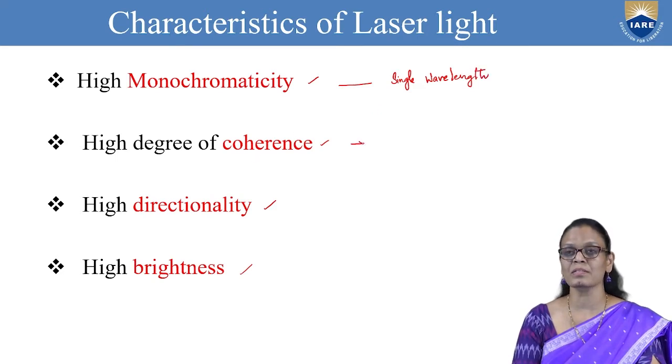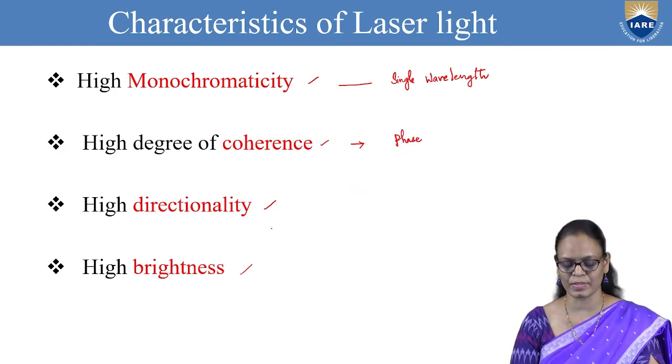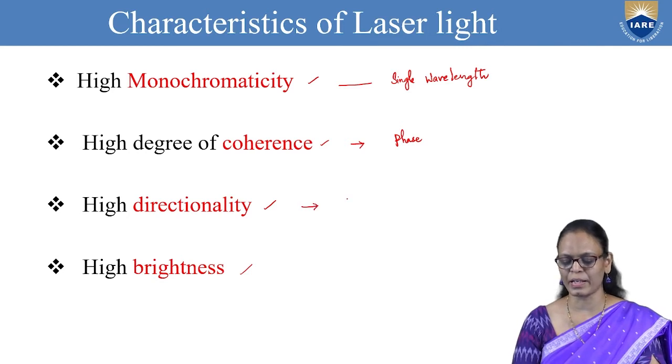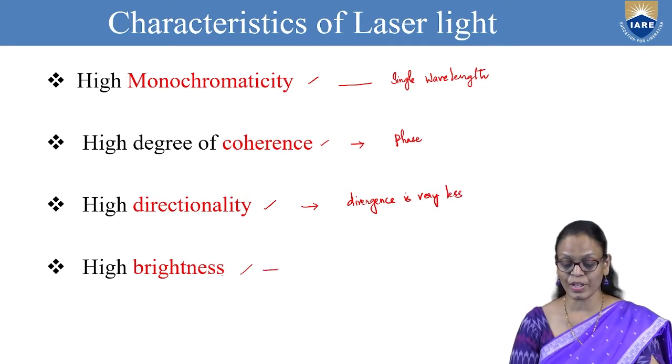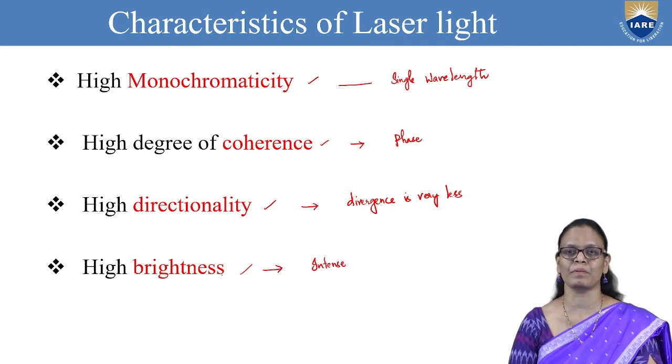Coherence here means they are in phase. They will have the same phase. Directionality means its divergence is very less. And it is very bright because its intensity is high. It is a very intense beam.